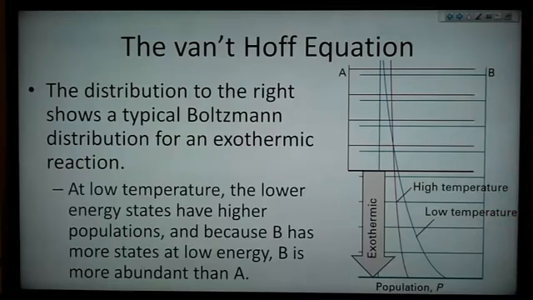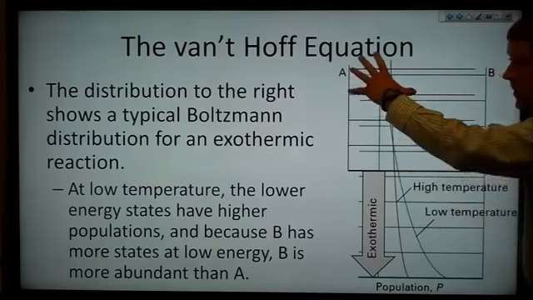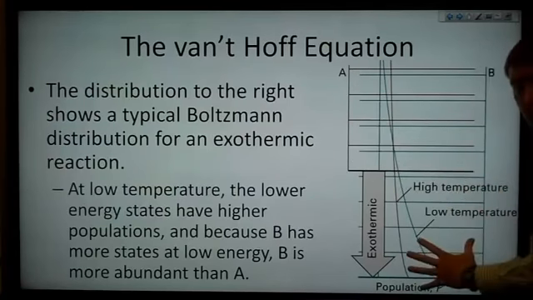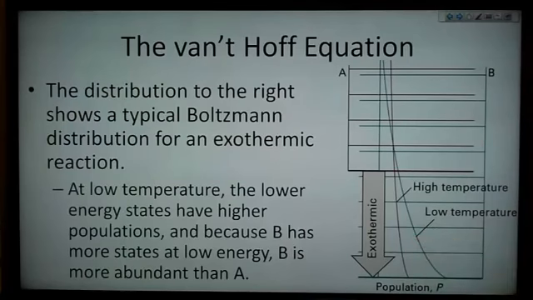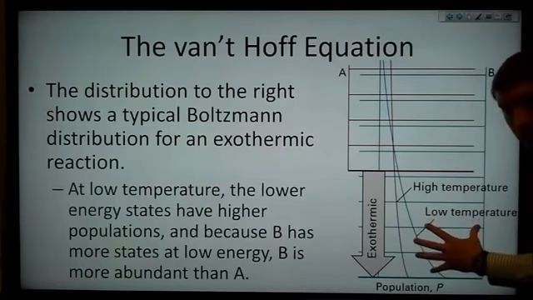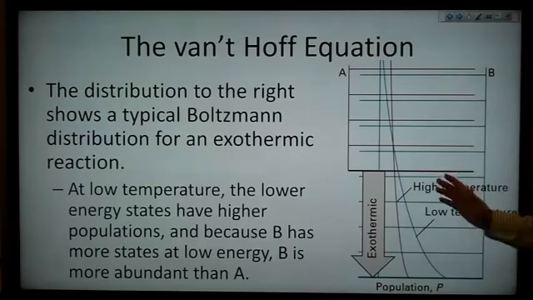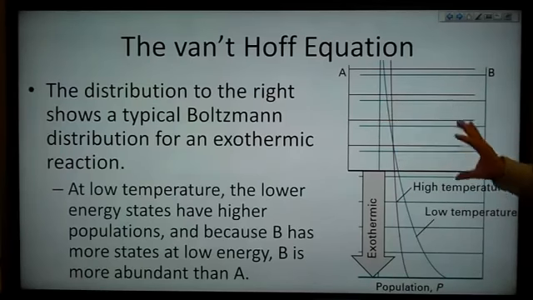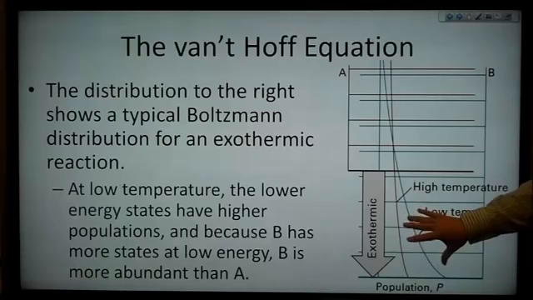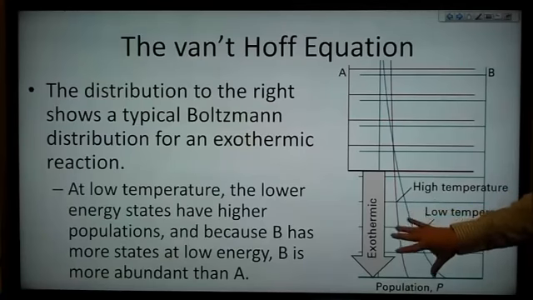Here we have an exothermic reaction, so in this case, as we move from A to B, it's exothermic. At low temperature, the lower energy states are now those from B, our product. So at low temperature, we have more of our population in B, that's our product.